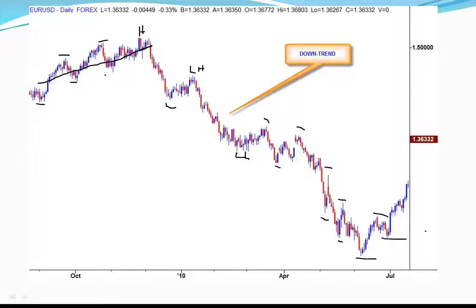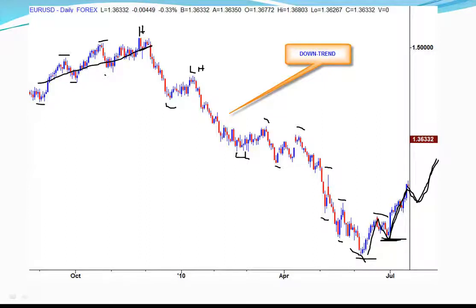So what ends up happening is the process probably went something like this. Your trend stopped going down once the higher low was in and started shifting directions back up.